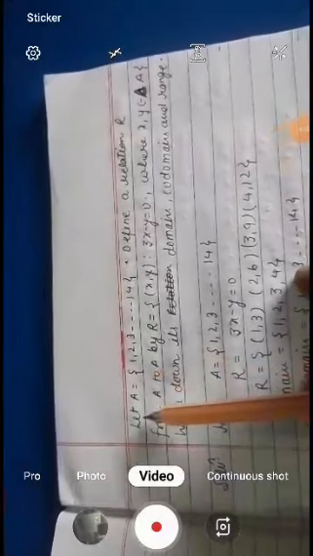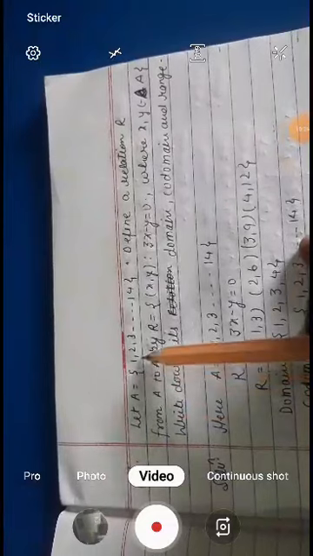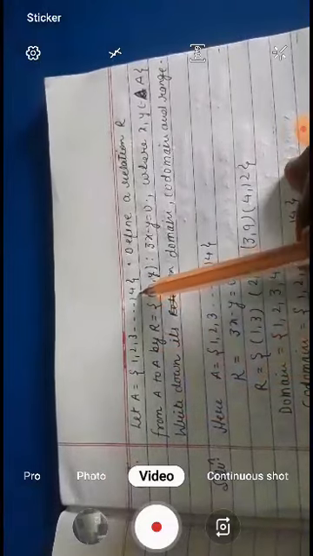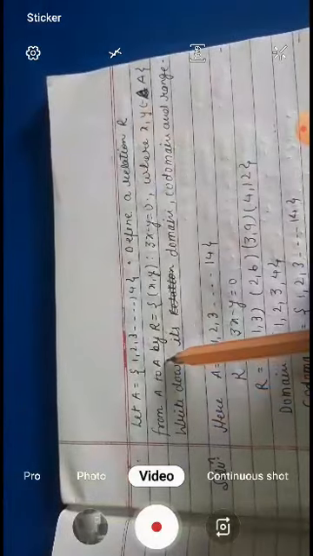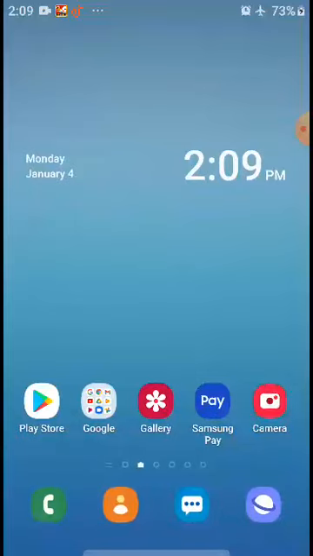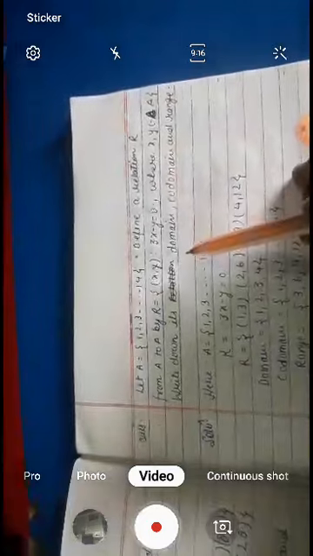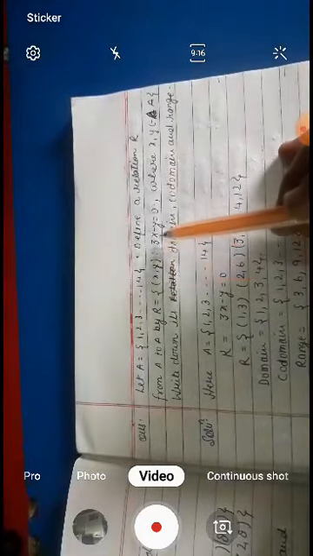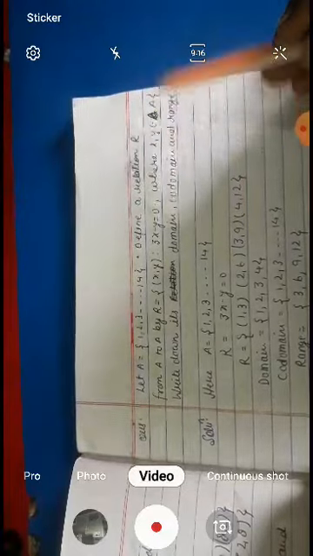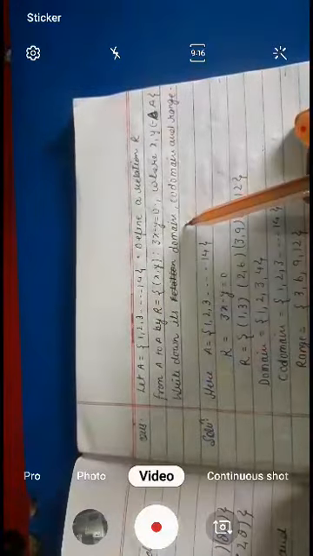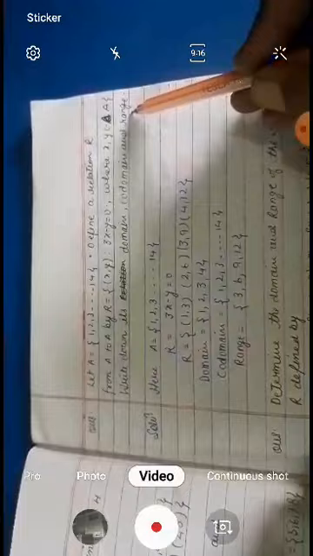Let us start one question. If A = {1, 2, 3, 4}, define a relation R from A to A by R = {(x, y): 3x - y = 0, where x, y belong to A}. Write down its domain, codomain and range.